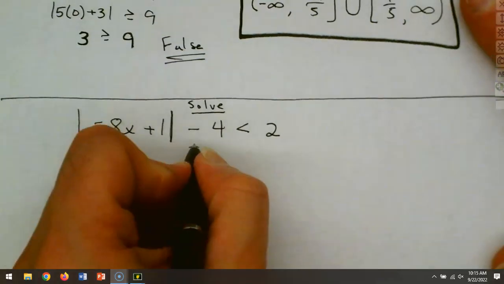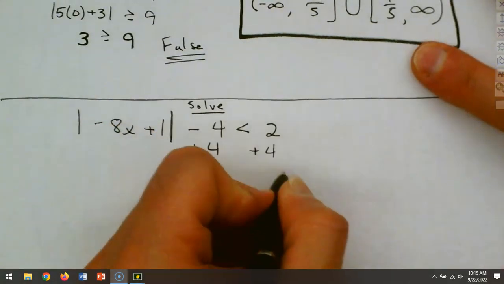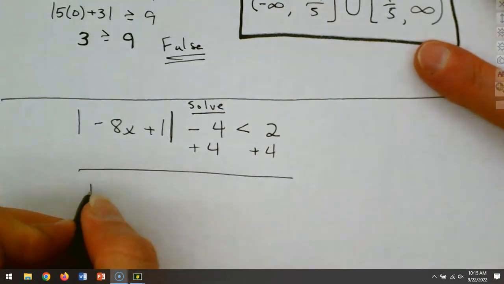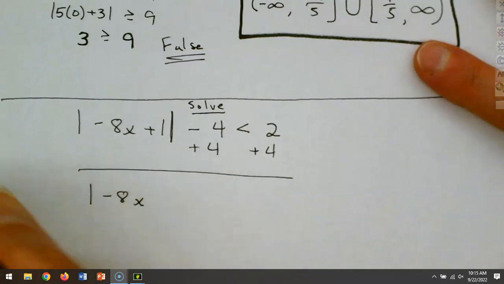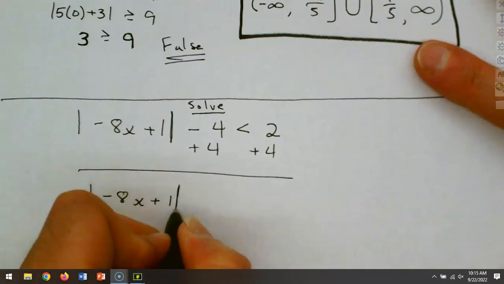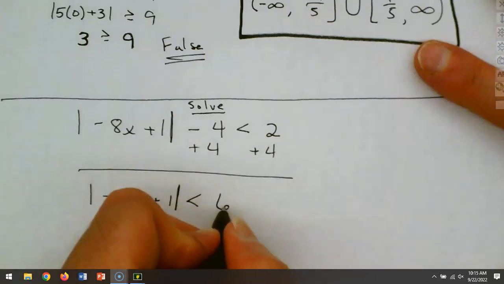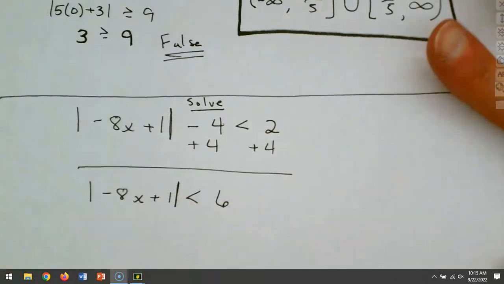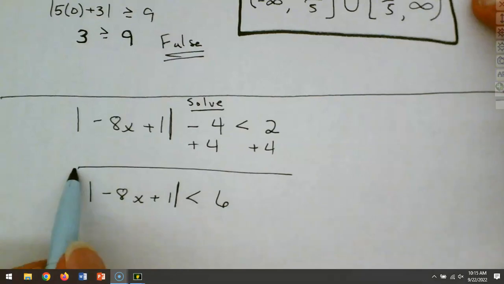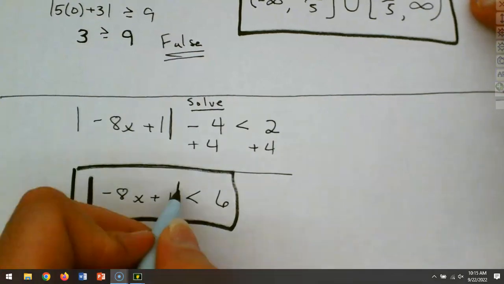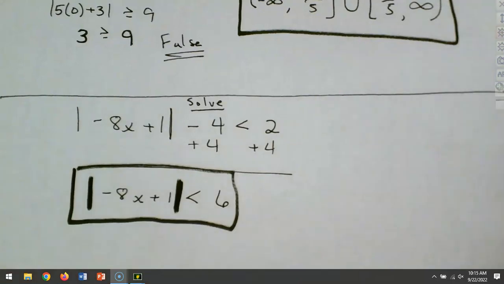So add your 4 to move that over. Now you have the absolute value of minus 8x plus 1 is less than, when we add them together, positive 6. I'm going to box it so I don't lose it, because this is my inequality that we're going to work with.